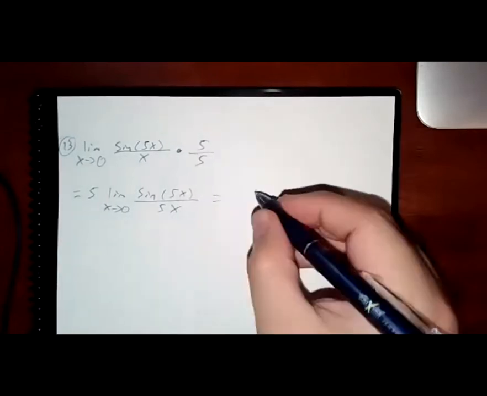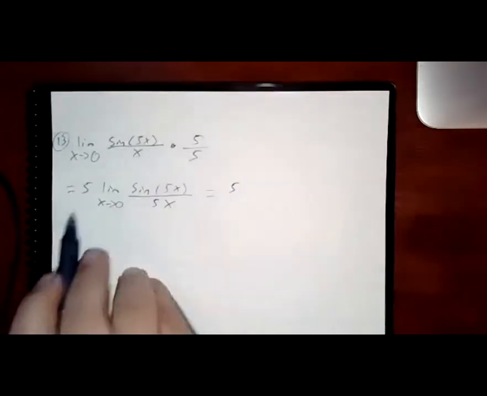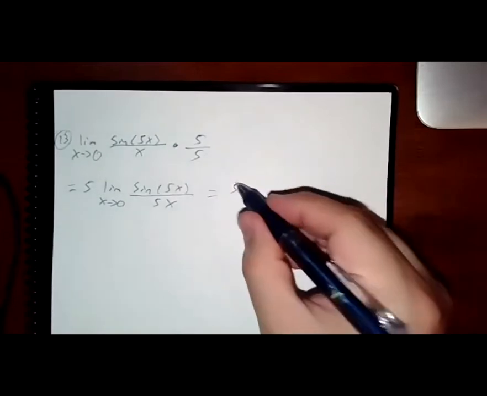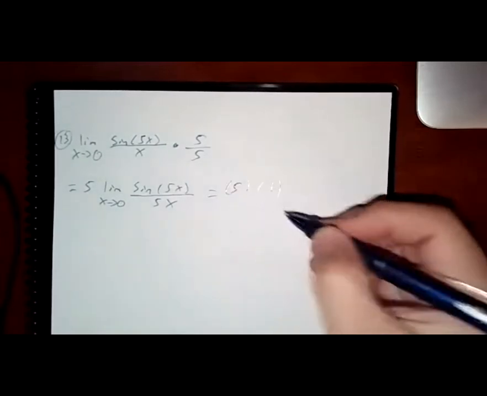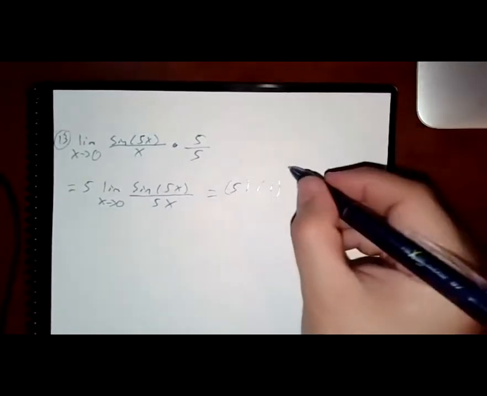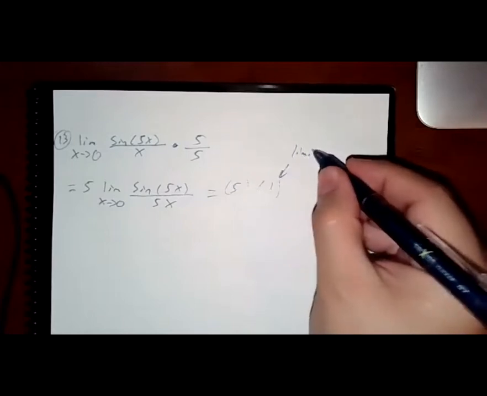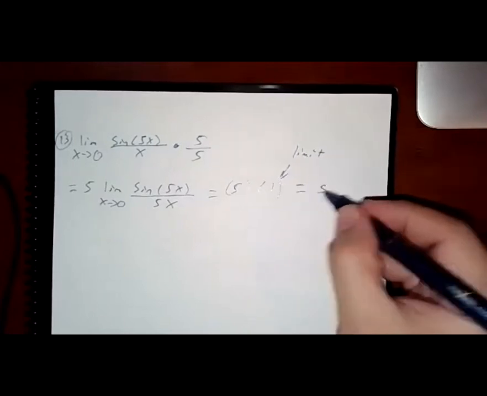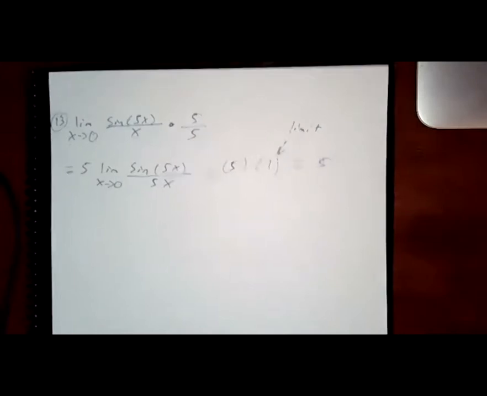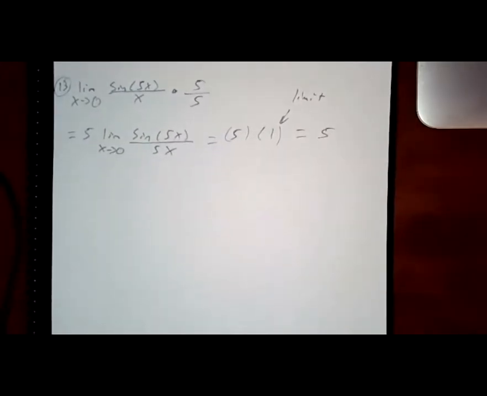So that would be 5, times the limit, which is actually 1. So the answer is 5.